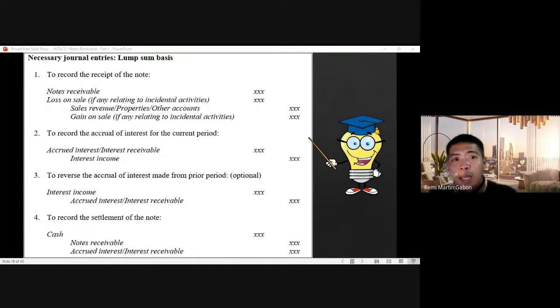Tama ba na optional yung reversing entries? And Risa, if tama ako na optional, based on the accounting process, baka niloloko ko lang kayo. So make sure that you are sure of your answers.